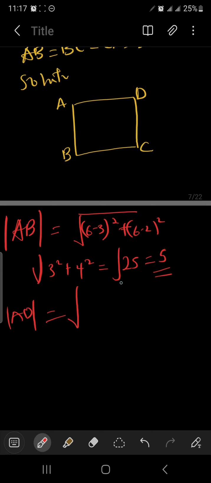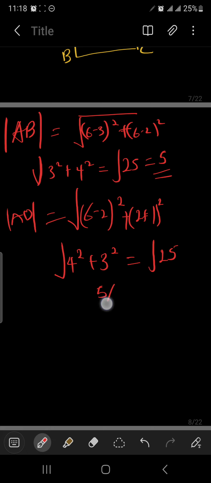AD is going to be the square root of 6 minus 2 all squared plus 2 plus 1 all squared. So 6 minus 2 is 4 squared plus 3 squared. The square root of 25 is 5. I've done AD.